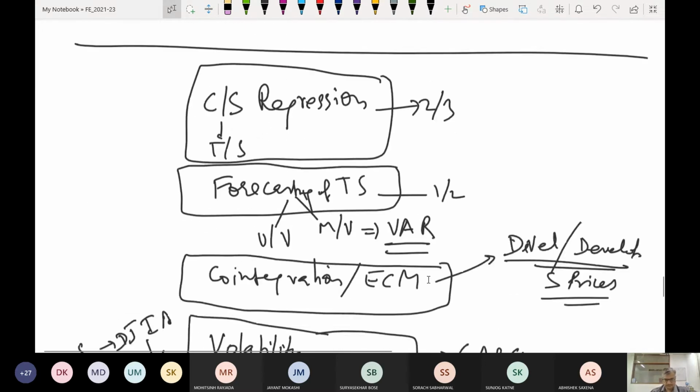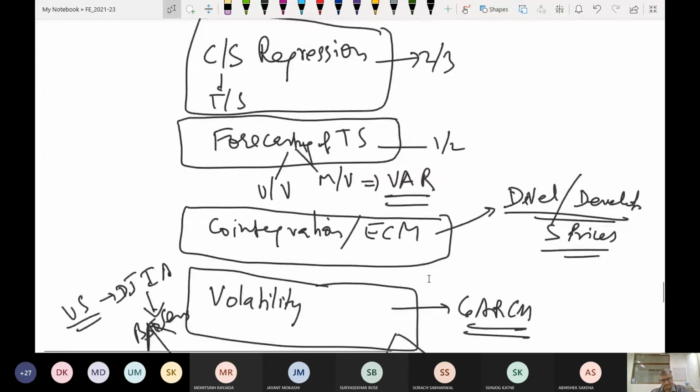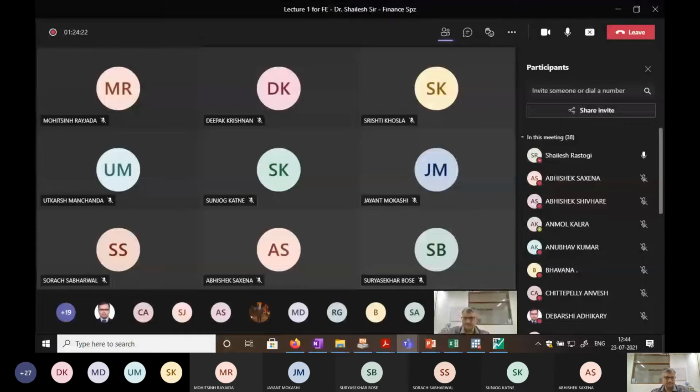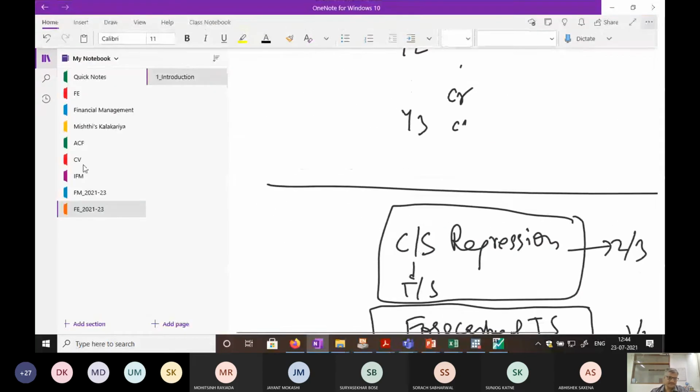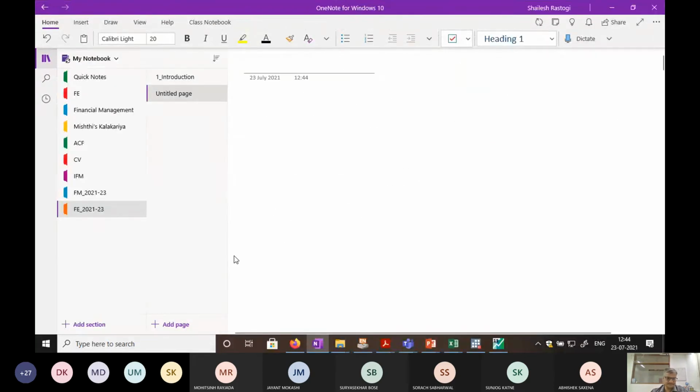So any question on that? Any question? So I'm moving to the second chapter, which I'm calling multiple regression analysis.